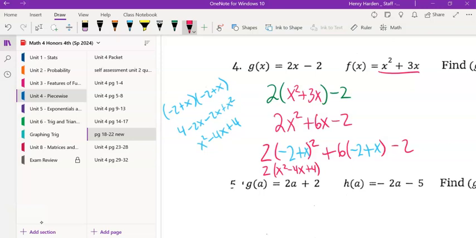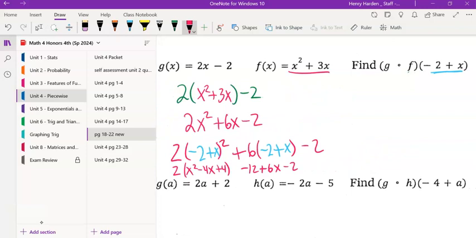All right, over here, I'm going to go ahead and do this. This is going to be -12 plus 6x minus 2. And then I'm going to do all of this over here. So we're going to get 2x squared minus 8x plus 8 minus 12 plus 6x minus 2. And then we're going to combine like terms for all of this.